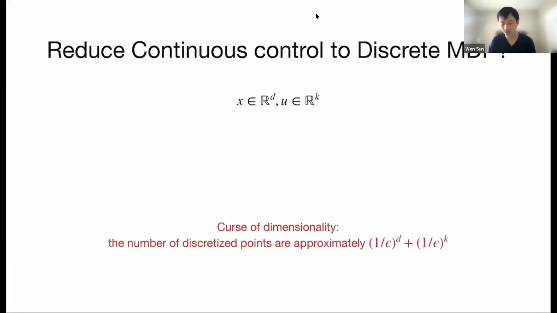But this is often called the curse of dimensionality. When the dimension increases, the number of points on your discretized grid increases approximately exponentially. Imagine you want an epsilon discretization accuracy. If you're discretizing a d-dimensional box, the total number of points is basically (1/epsilon)^d.